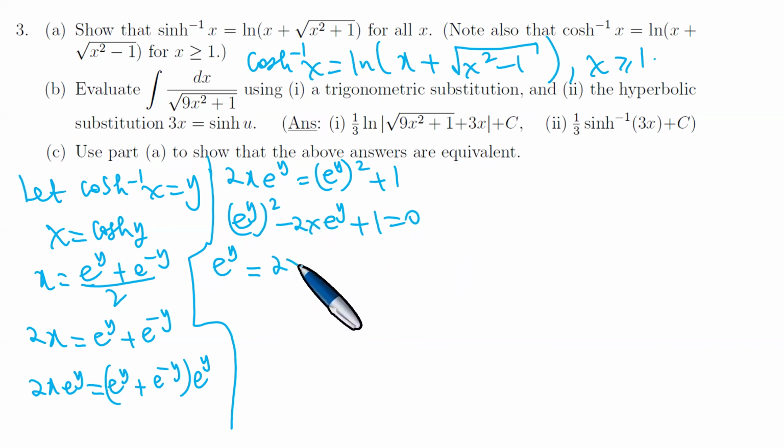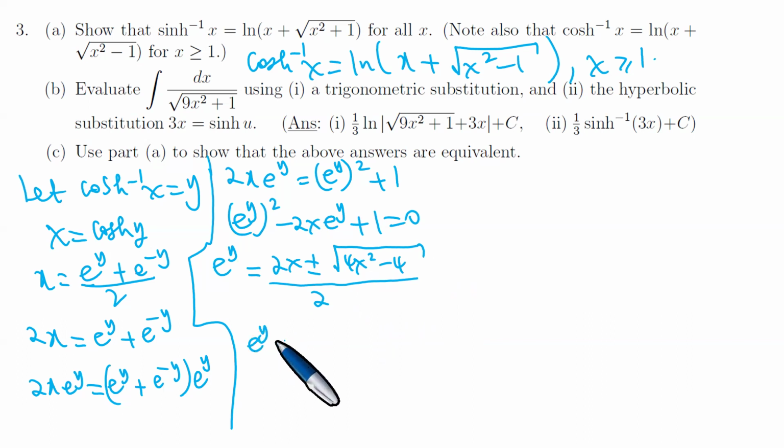There's already a minus, so it's going to be 2x plus or minus the square root of b squared, which is minus 2x squared, it becomes 4x squared minus 4ac, divided by 2a, which is 2. 2x out of 2.